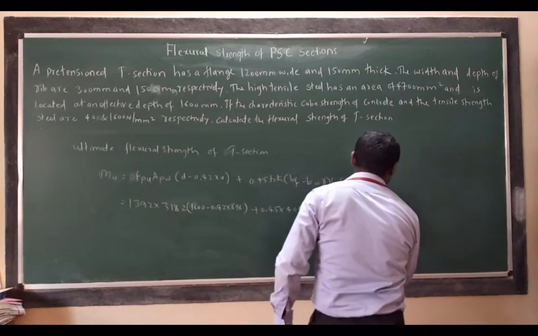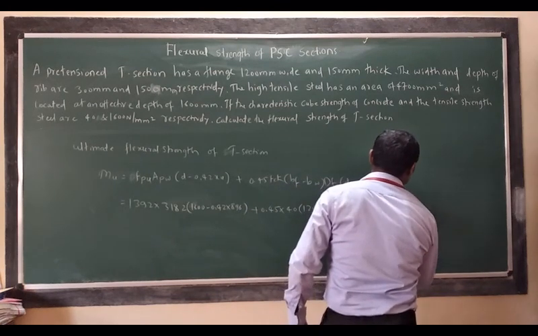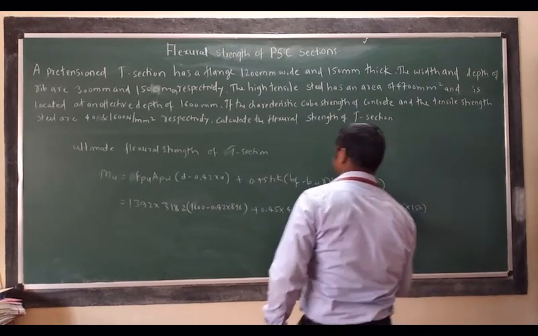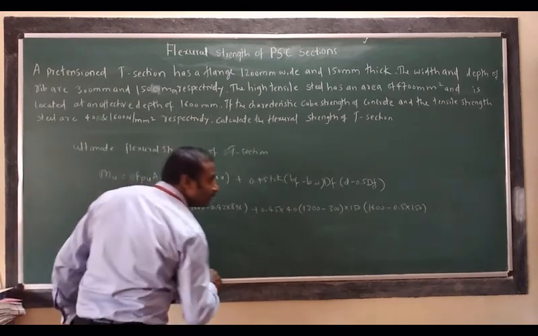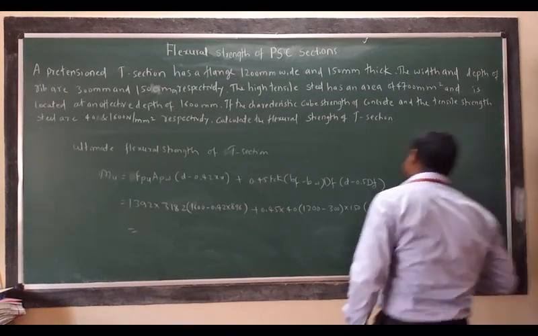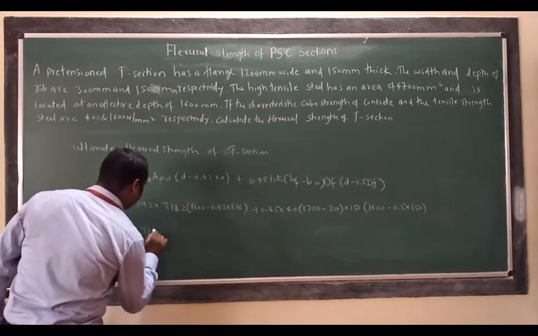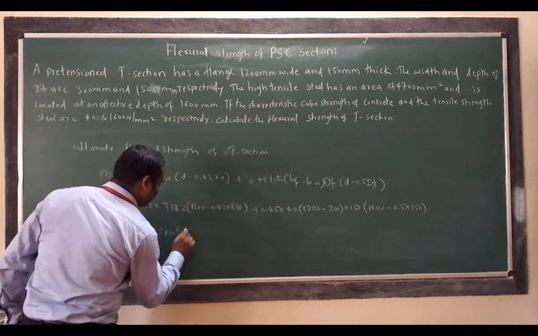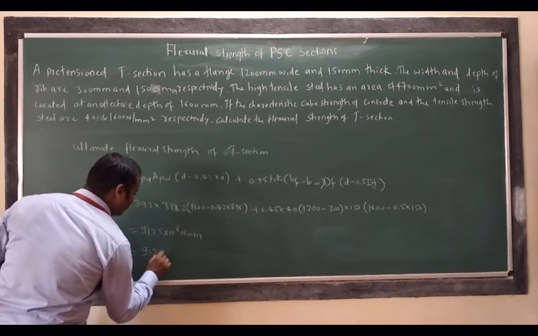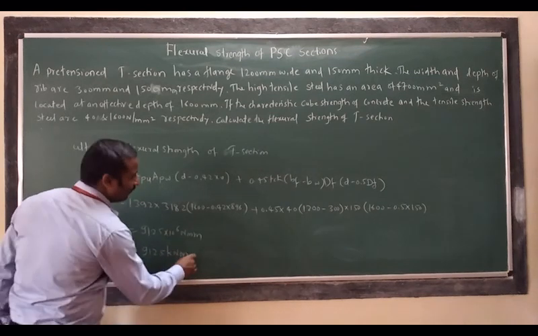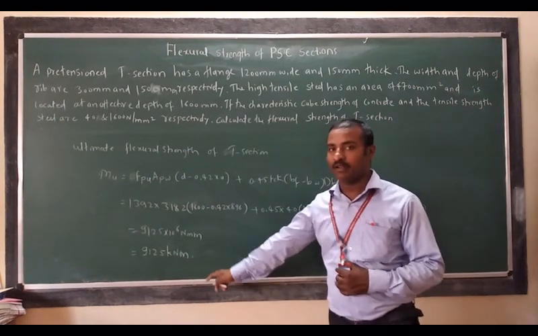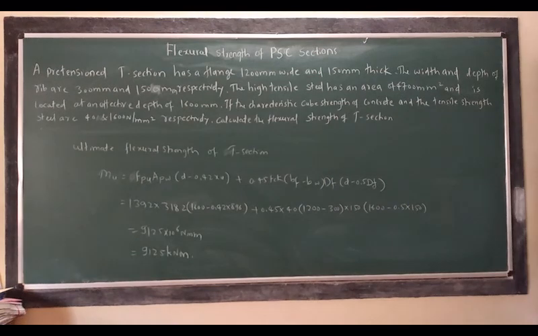Then overall depth is 600 minus 0.5 into depth of the flange 150. So we'll get this value equal to 9125 into 10⁶ Newton mm. If you divide by 10⁶, you will get 9125 kilonewton meter. This is the ultimate flexural strength of the section, or ultimate moment capacity of the section.